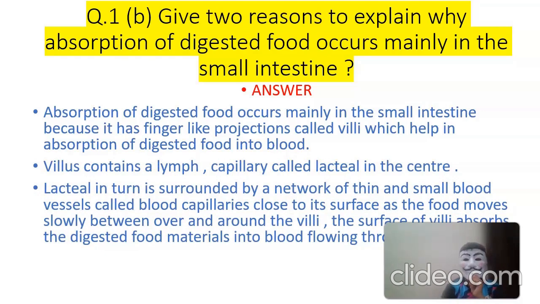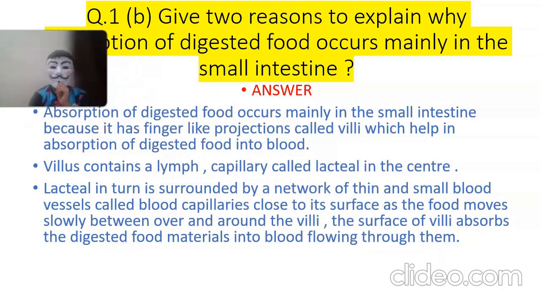The lacteal in turn is surrounded by a network of thin and small blood vessels called blood capillaries close to its surface, as the food moves slowly over and around the villi. The surface of the villi absorbs the digested food materials into the blood flowing through them.